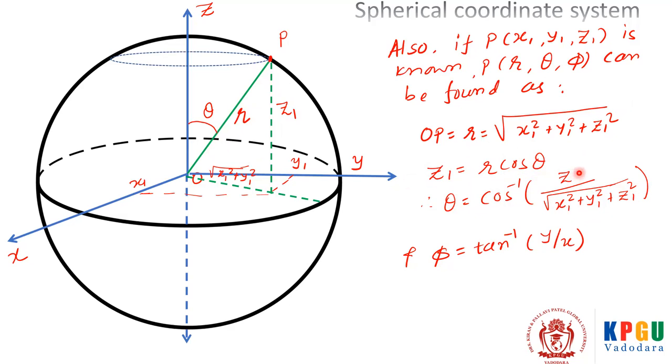One suffix was missed over here. And this angle is phi, and x1, y1 are available. So phi is nothing but tan inverse of y1 by x1. So if x1, y1, z1 coordinates are available, then I can very easily find out r, theta and phi as shown. So this is the conversion from x, y, z coordinates to spherical coordinates.